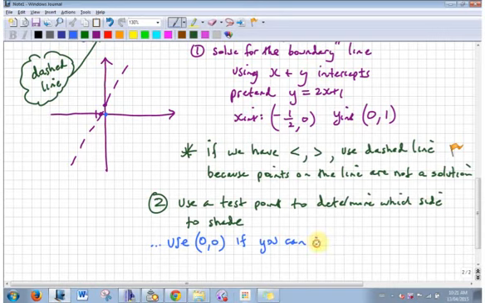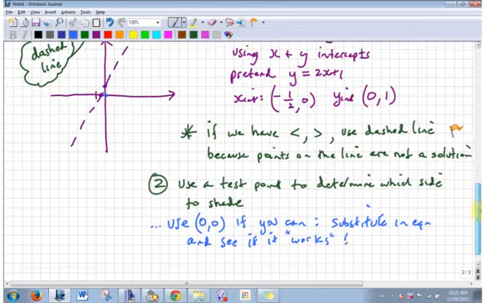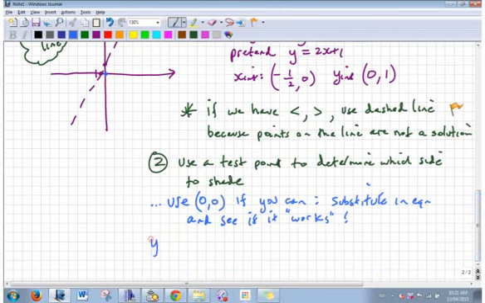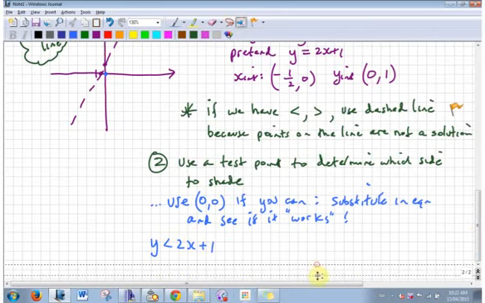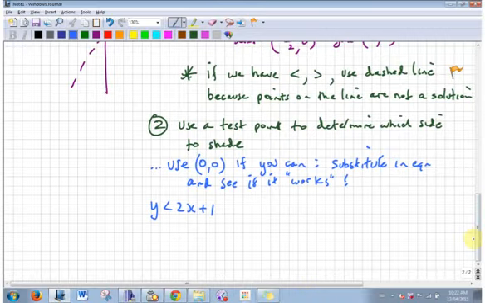So substitute this in the equation and see if it works. What's my equation? y is less than 2x plus 1. Let's put that point in there and see if it works. 0 is less than 2 times 0 plus 1.